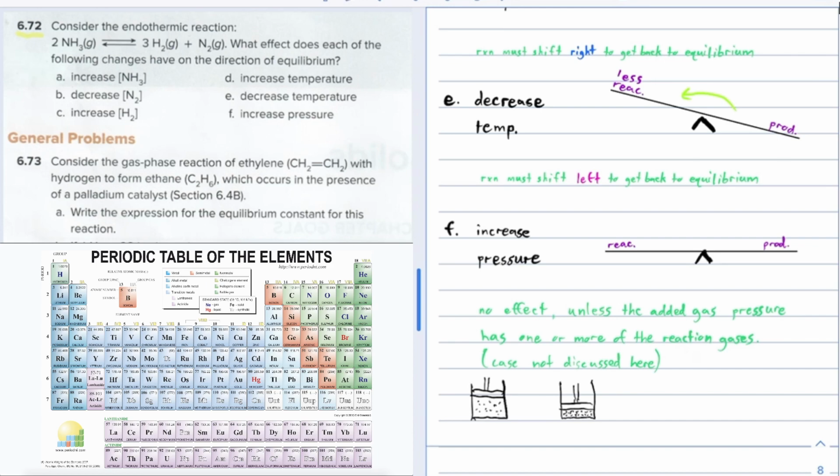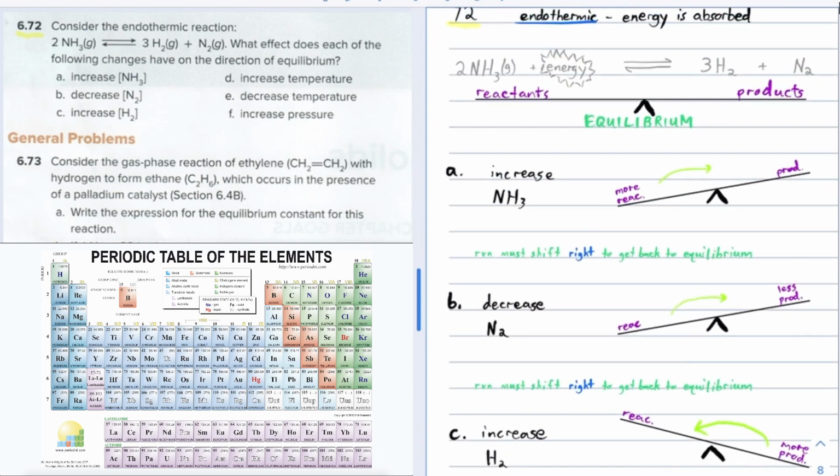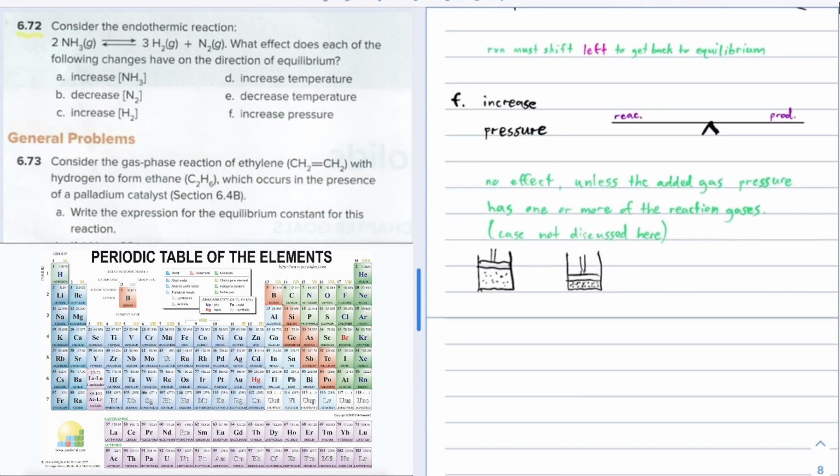If you increase the pressure in this way, it would actually cause the reaction to shift to the left, because you've got 2 moles of gas over here versus 1, 2, 3, 4 moles of gas over there. It would make it shift to the left because 2 moles of gas occupy less volume than 4 moles of gas.